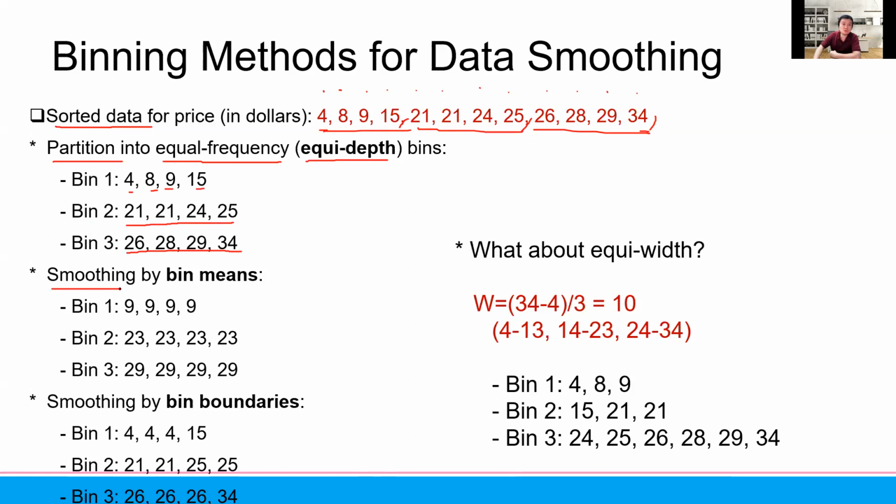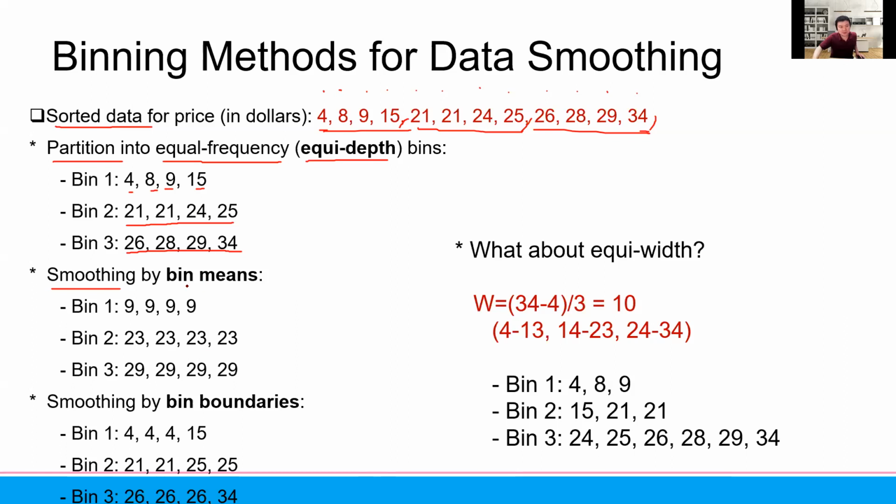What if you want to do smoothing? Smoothing means you want to change the values into new, more relevant values, because the range is diverse. This is an example.